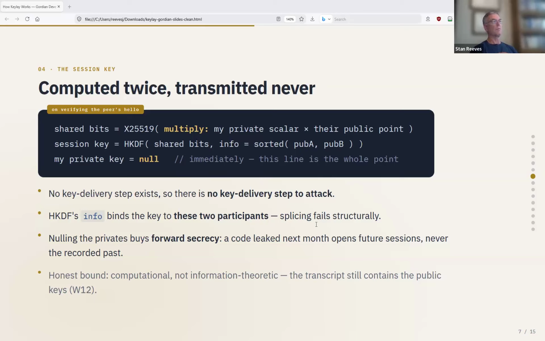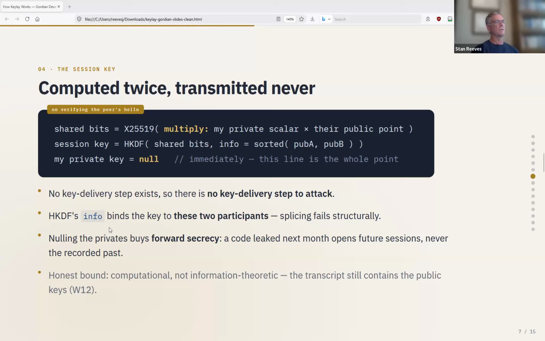Both parties know it. Both parties have this shared set of bits because they each have their own private key and the other one's public key. And by combining those properly, you derive the same shared bits. So from that, you can derive a session key that then can be used for encryption in both directions.